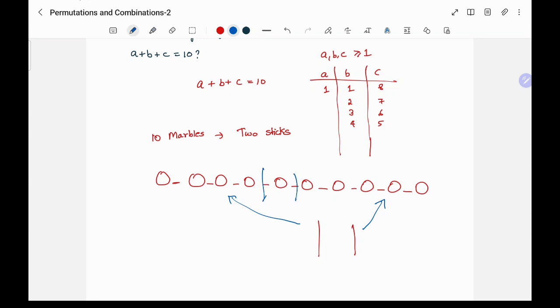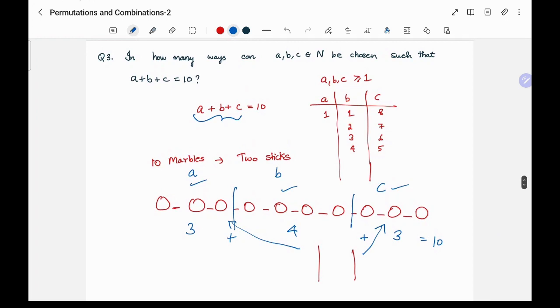Or I can place the stick here and here. So each time I place them, the entire 10 marbles is divided into 3 compartments. So here there are 3 marbles, here 4, here 3. But the sum of all these 3 should still be equal to 10, right? So I'll assign each of these compartments to A, B and C. Then I will be able to achieve all the values of A, B and C, right? You can take 1 minute to think about it.